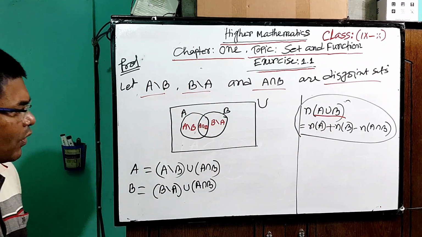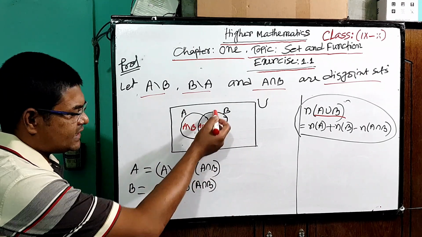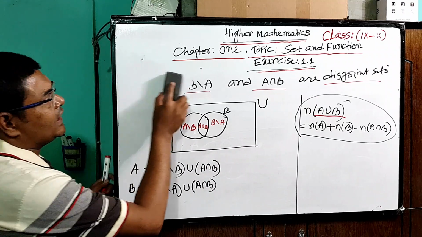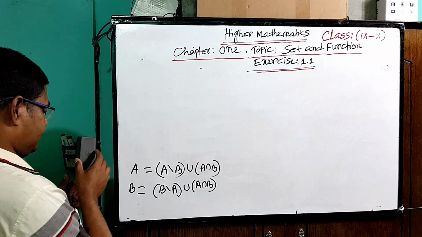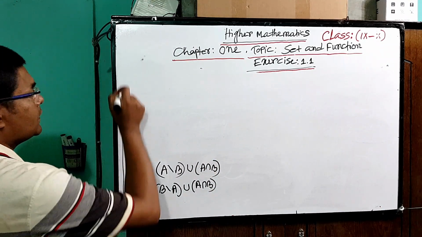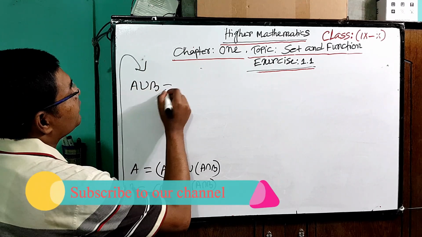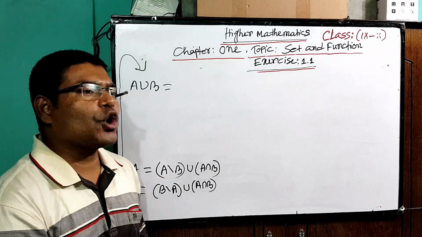I think you have got it: set A equals this and set B equals this. So please come back. A union B. Union means common and uncommon both.